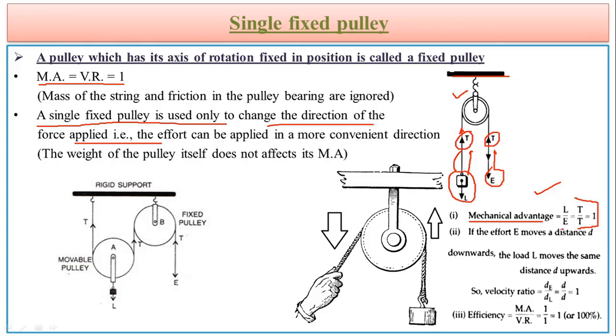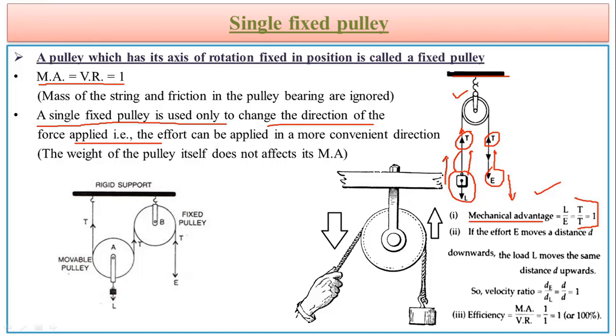Let's understand how to calculate the velocity ratio of a single fixed pulley. To calculate the velocity ratio, we have to identify the displacement of effort with displacement of load. In a single fixed pulley, the effort moves as much as the load moves.